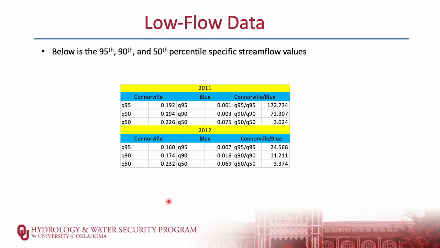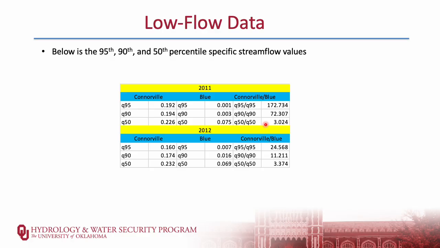And you can see, just from looking, in 2011, the Connerville specific discharge values for the low flow, the Q95, Q90, Q50, they're all very much higher than the low flows for the Blue River discharge in Blue, Oklahoma, which is the lower basin.